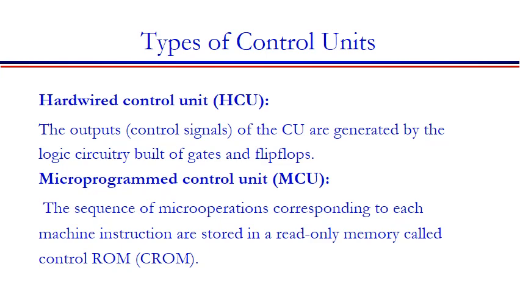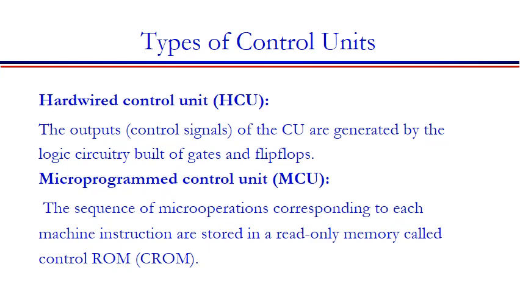The second one is the microprogram control unit. In the microprogram control unit, the sequence of micro operations corresponding to each machine instruction is stored in a read-only memory, which is called the control ROM.